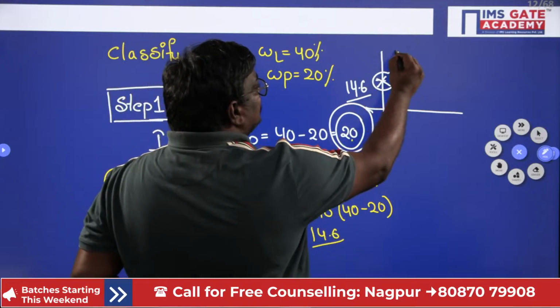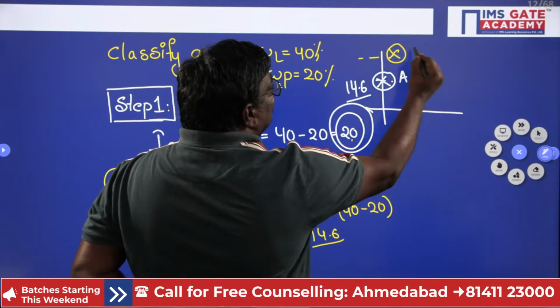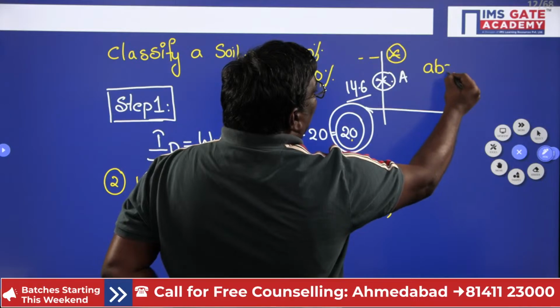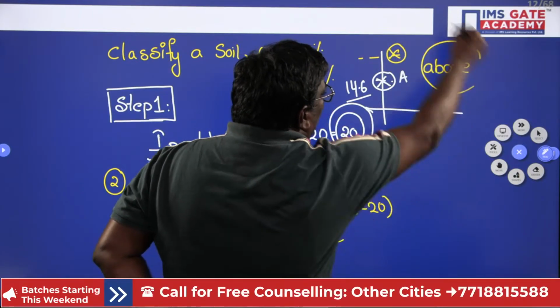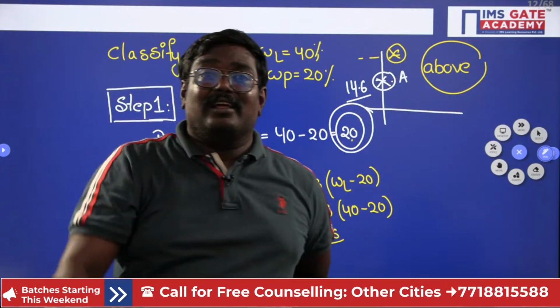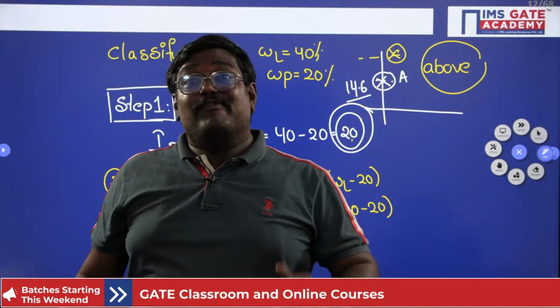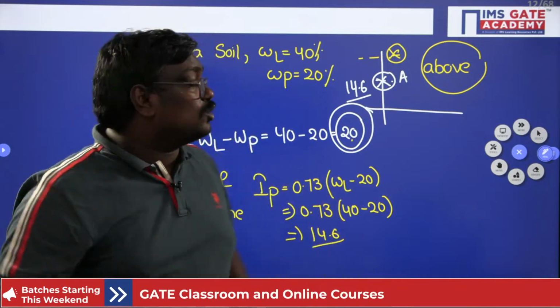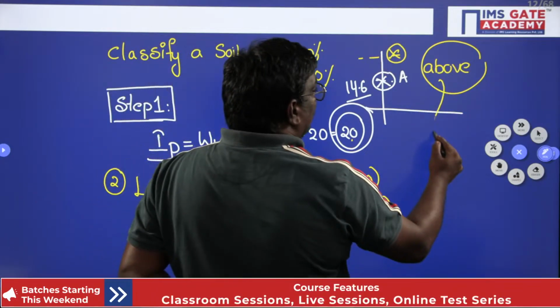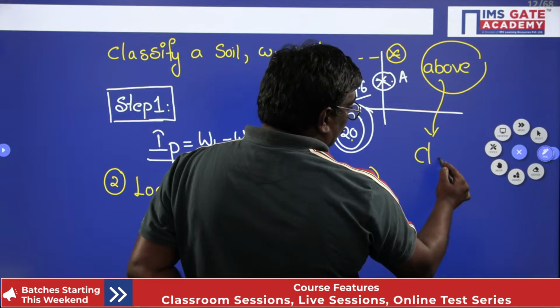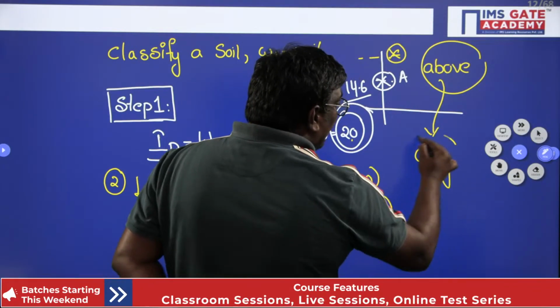So 20 is somewhere here. So it is above the A line. So when you tell, my dear students, above A line, I told you already. If it is below the A line, it is silt. If it is above the A line, then it is called clay.